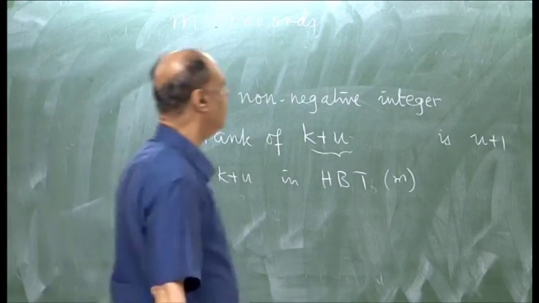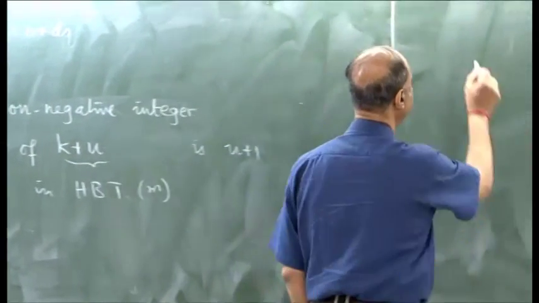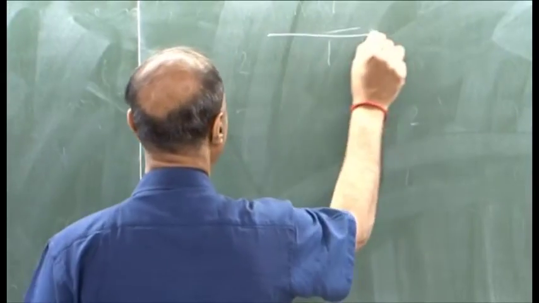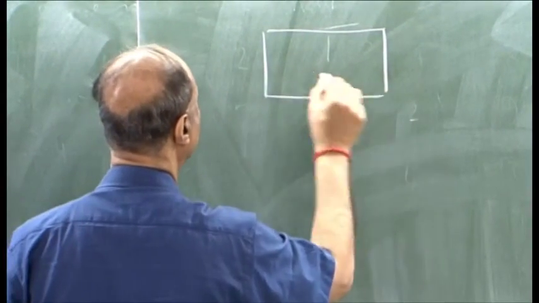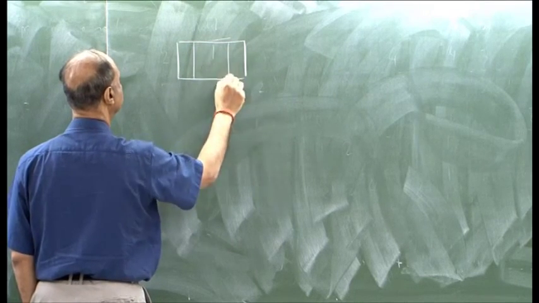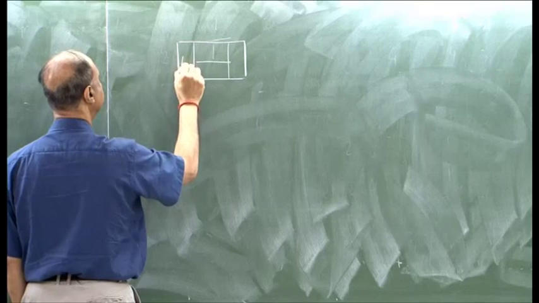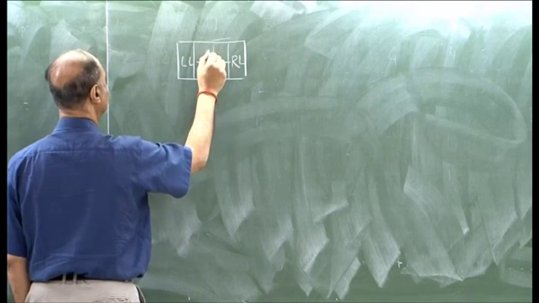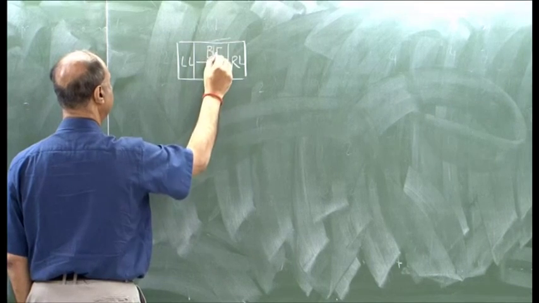Now, if you remember, in any height balanced binary tree a node consists of 4 fields. One is the left link field, another one is the right link field, and then the balance factor and key.